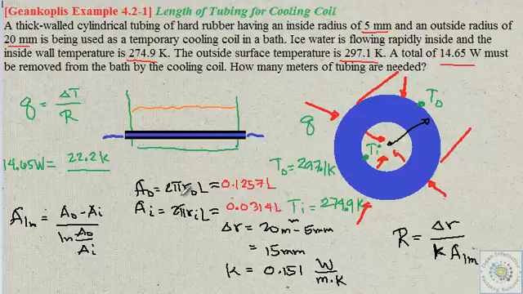The outer area, when we substitute the outer radius, will give us 0.1257 L. And AI will be 2 pi RiL, which is 0.0314 L.